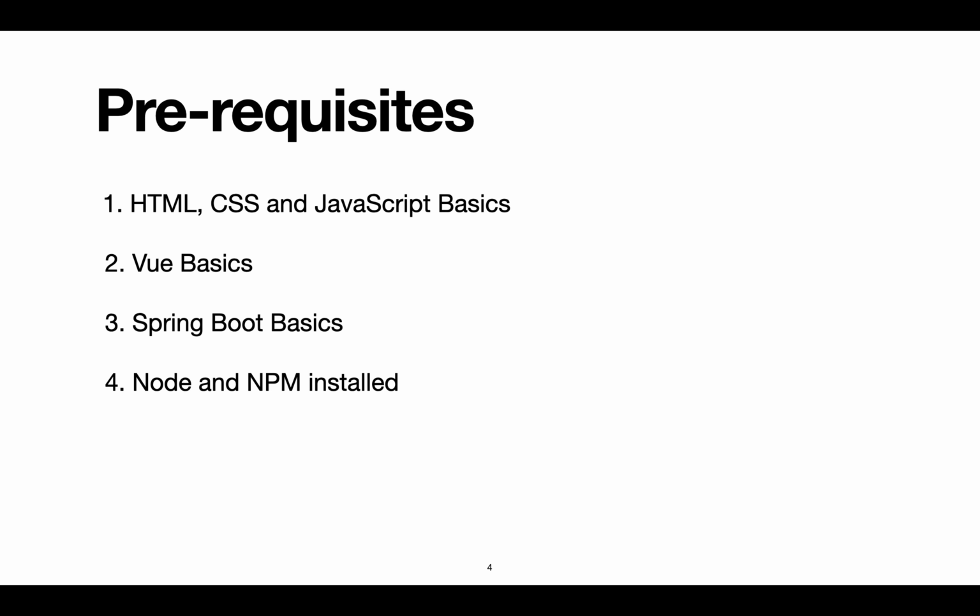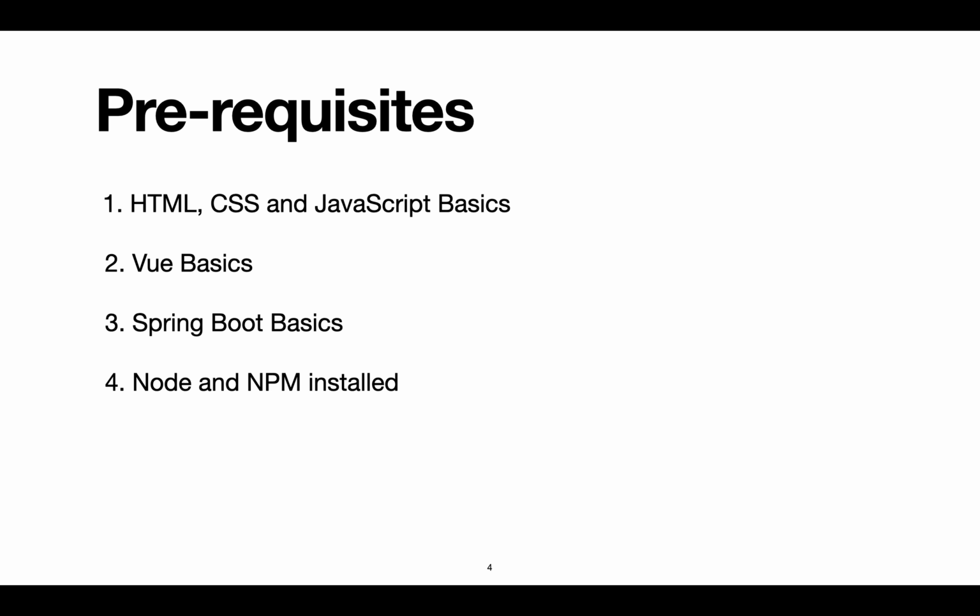Let's take a look at the prerequisites for this tutorial. You should have a basic understanding of HTML, CSS and JavaScript, and a basic understanding of Vue JS and Spring Boot. I'm not going to cover the basics, guys. I'm just going to demonstrate how to integrate a Vue JS application with Spring Boot, I mean how to create a simple full stack application using Vue JS and Spring Boot.